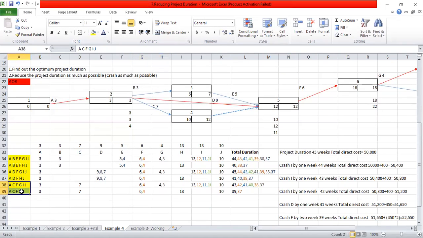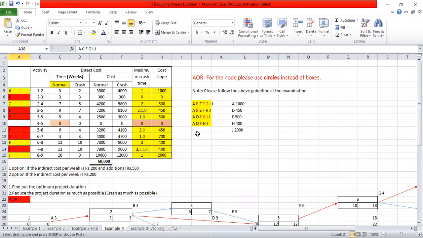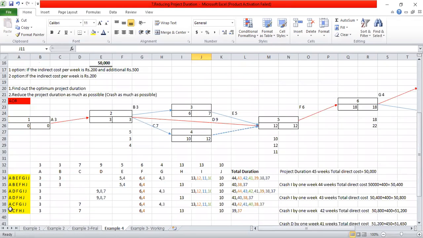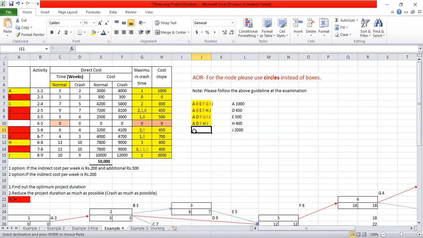These two are also critical. B, D and E are already crashed, and F, G, I are already crashed.